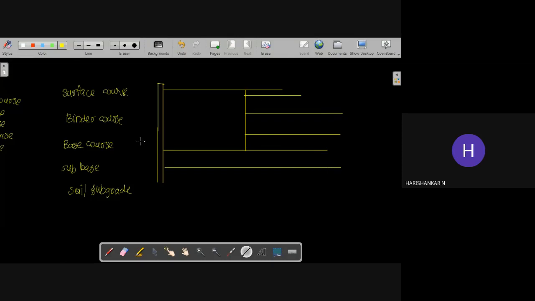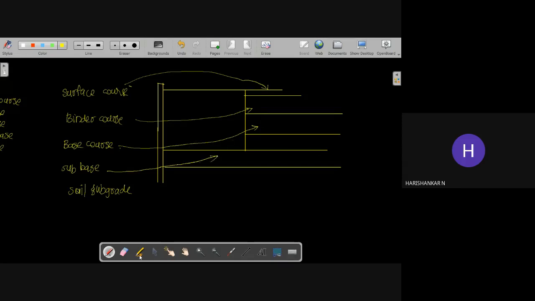Okay, in this way you are having different components. Here you can see it is the surface course, and here you can see the binder course and the base course. Here you can see the base course and sub base course. Here you can locate the sub base like this.